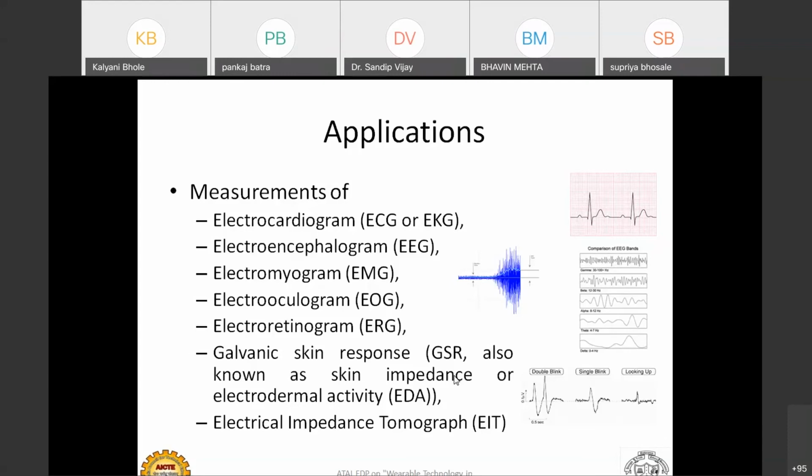It is used for data collection for different applications. So these are the applications of electrical sensors, where optimized dry electrodes are recommended.